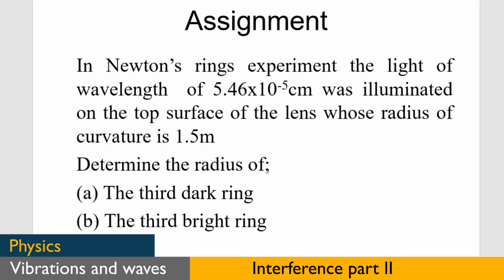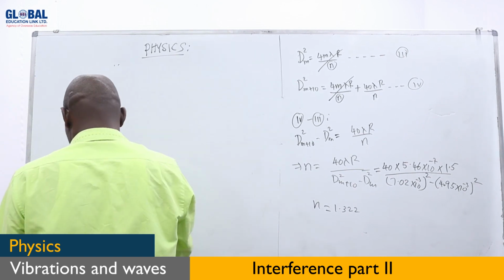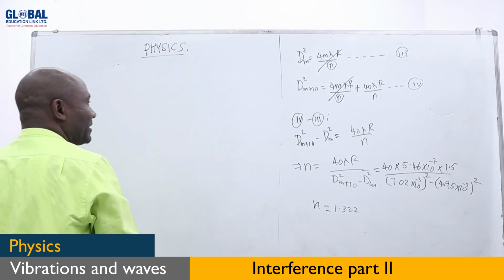It's a different question from what we have seen before. In Newton's ring experiment, light of wavelength 5.46 was illuminated on the top surface of a lens whose radius of curvature is given. Determine the radius of the third bright ring. So for finding the radius, it's better you find the diameter first.